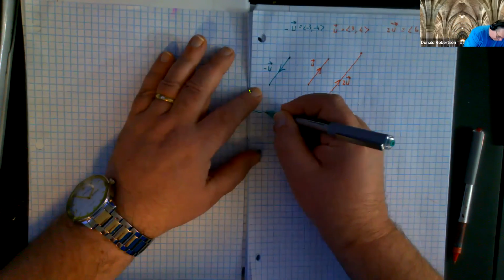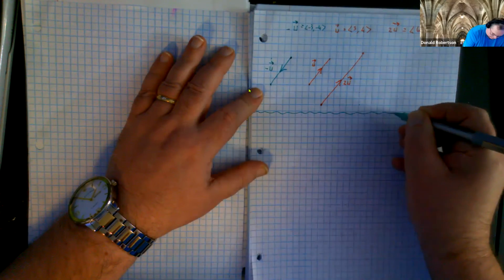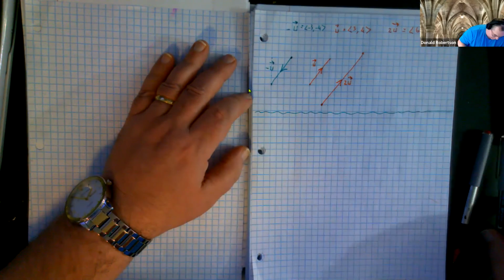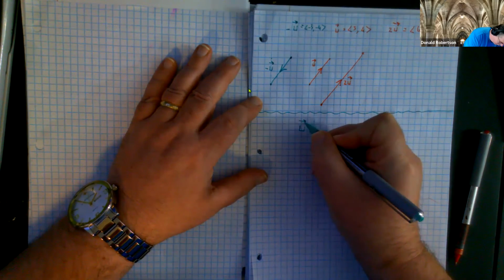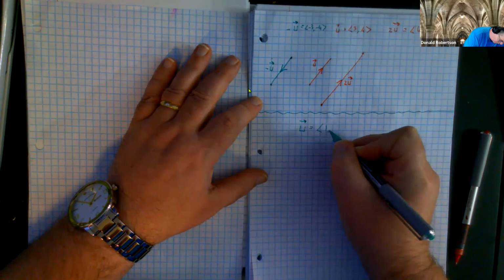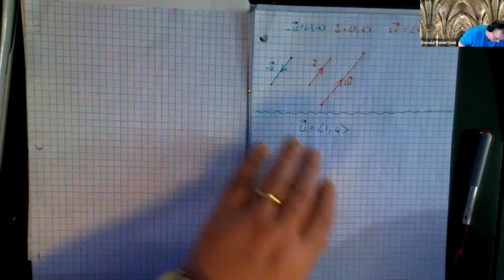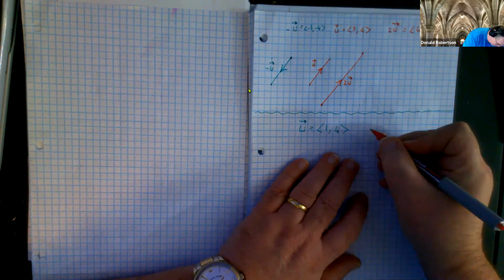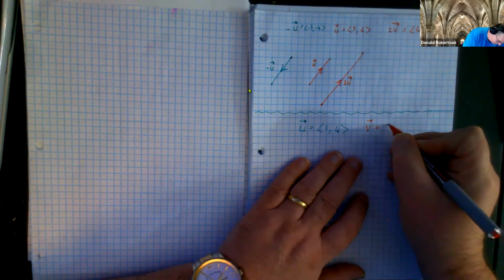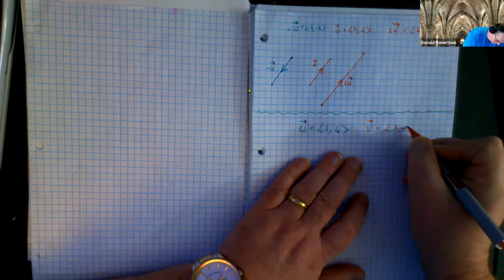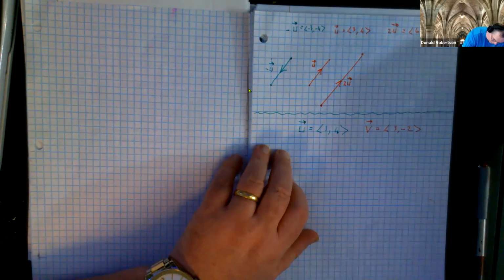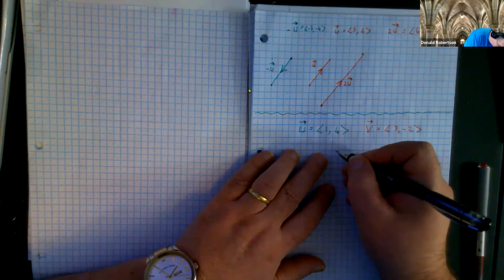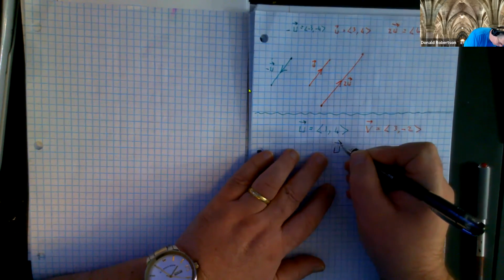Next, we're going to look at adding two vectors together. So let's suppose I have a vector u, which is 1, 4, and I have a vector v, which is 3, negative 2. Now, I want to add these two vectors together. I'm going to do it as a calculation first and then as a drawing later.